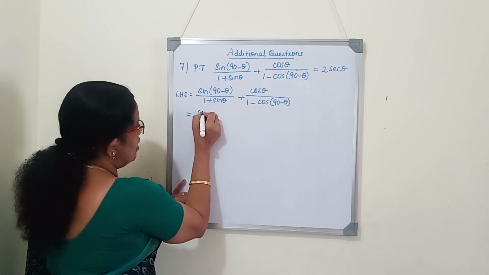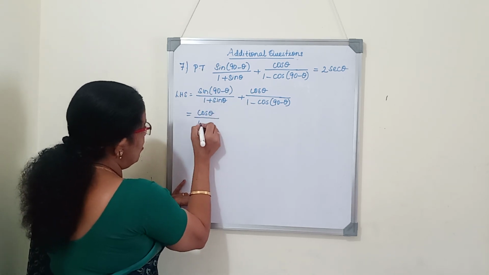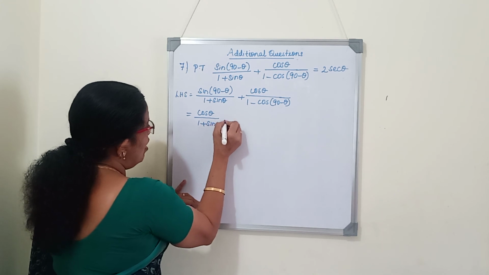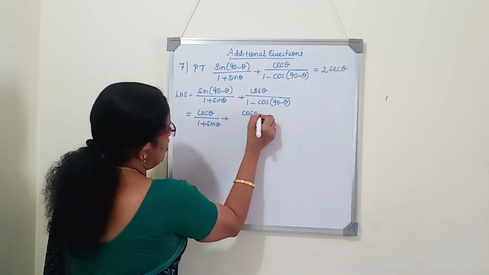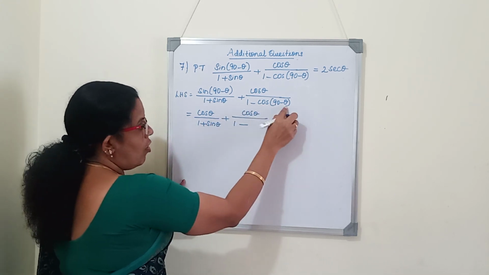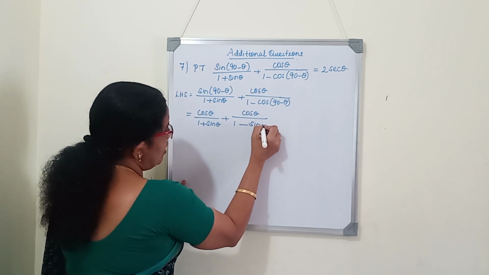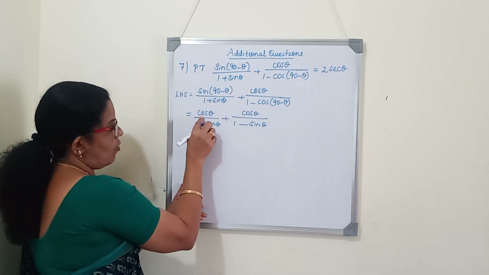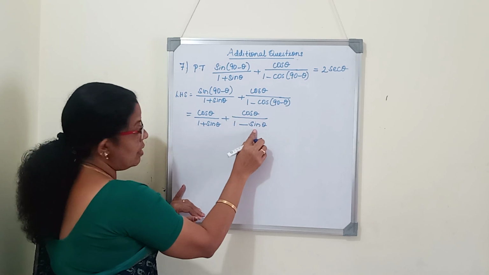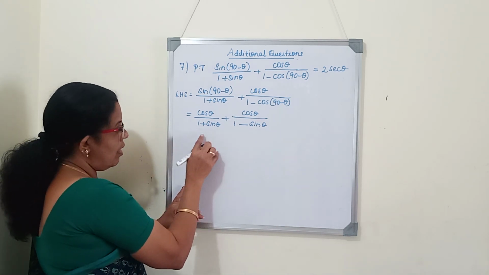Sin 90 minus theta is cos theta, denominator 1 plus sin theta as it is. Cos theta numerator, and 1 minus cos 90 minus theta is sin theta. Sin 90 minus theta is cos theta, cos 90 minus theta is sin theta. Now we will take the LCM.